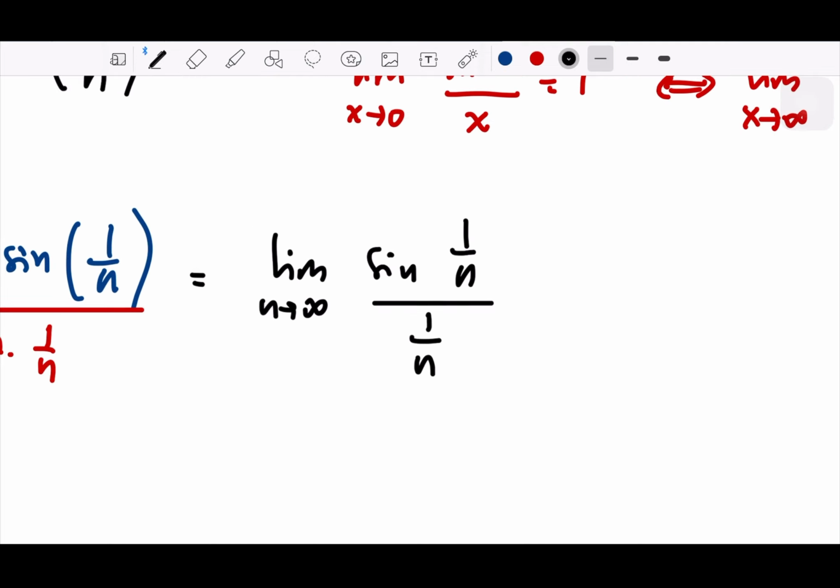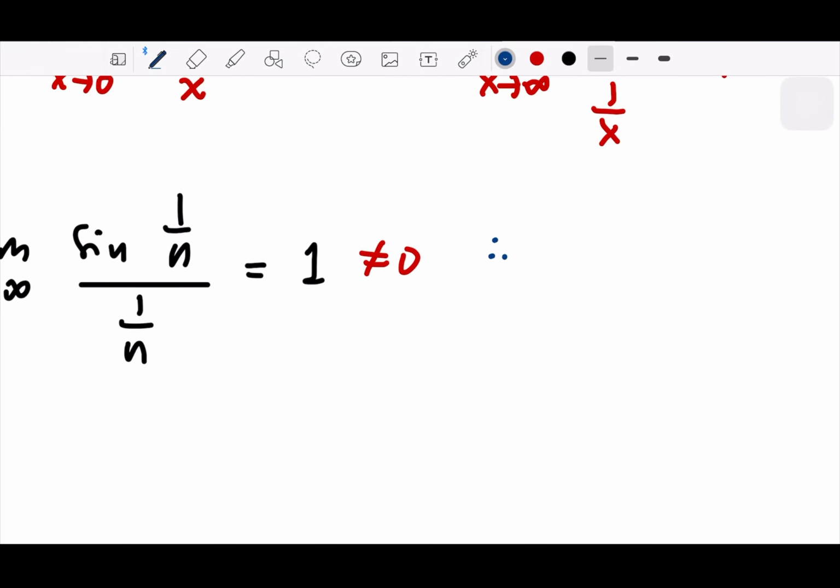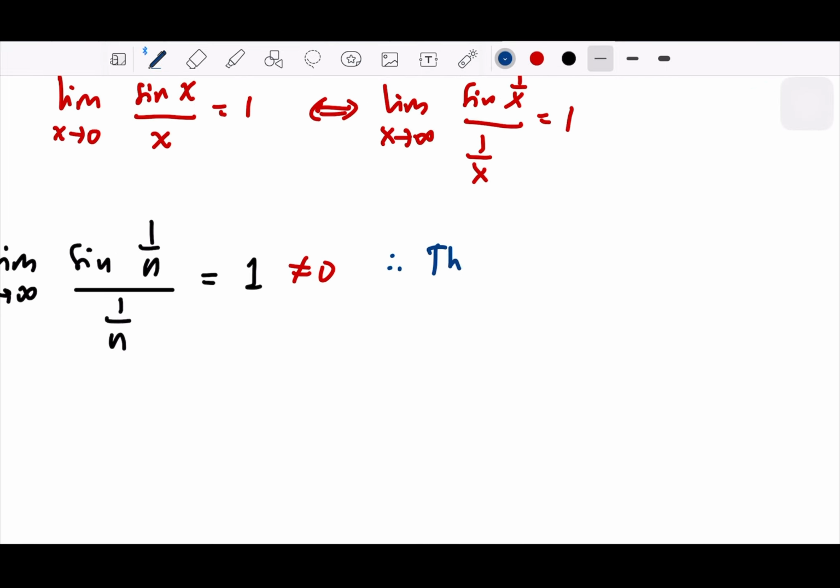And this will result in 1, which is not equal to 0. That means we can take a conclusion: the series diverges by the divergence test. And directly we can answer this.